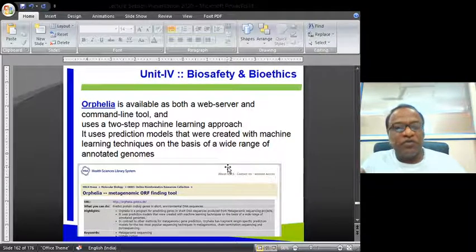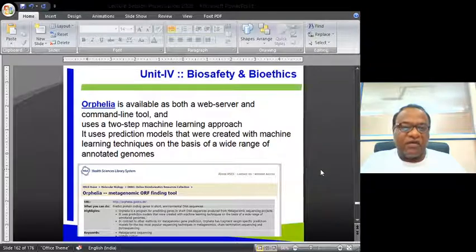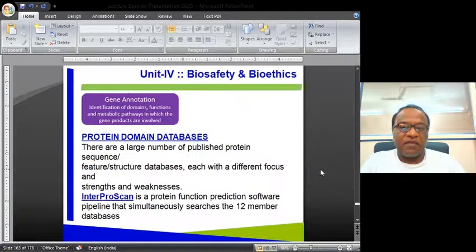So this Orphelia uses a two-step machine learning approach, and it predicts the gene structure and function. Right? So this is the web page or the landing page of Orphelia, and a lot of information can be found about this machine learning approach to predict the gene structure and function.